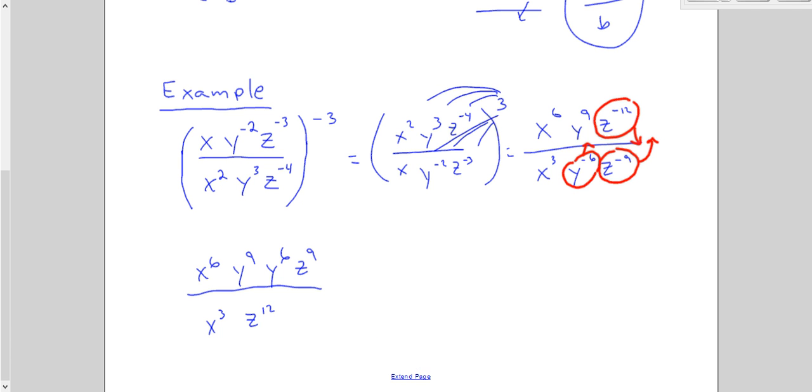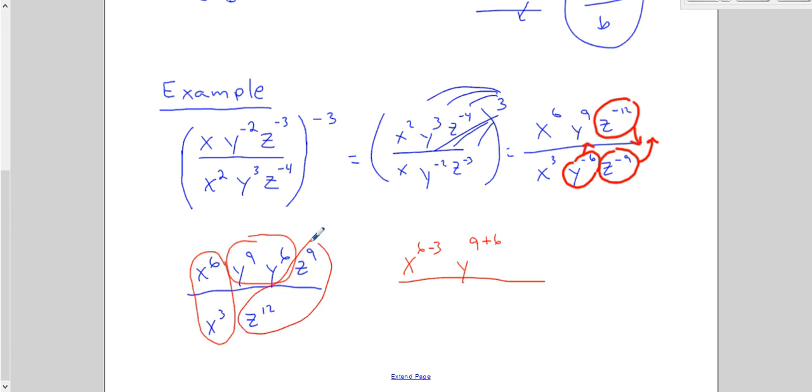So now I'm going to look at my little groupings here. I've got x to the 6th over x to the 3rd. That's going to give me x to the 6th minus 3. I've got y to the 9th times y to the 6th on the same level of the fraction, so I'm going to add those exponents, 9 plus 6. And then I've got z to the 9th over z to the 12th.